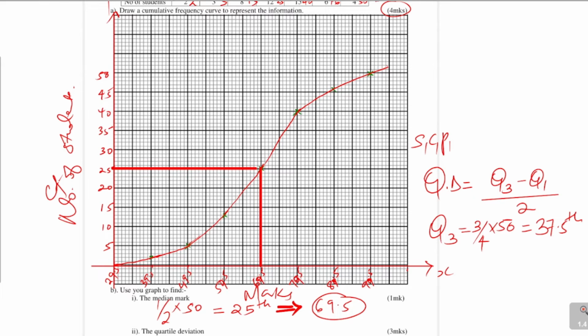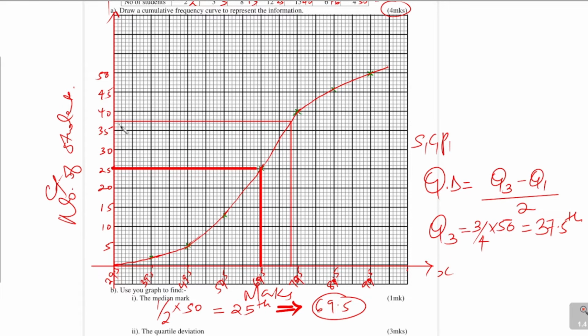So we go directly to 37.5. This is 36, 37, so 37.5 will be somewhere in the middle there. From that point where it touches the curve, you drop straight down like that.